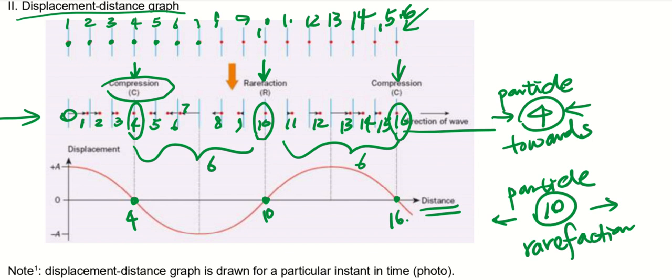Okay, so now I need you to look at particle 1, 2 and 3 because particle 4 doesn't move. Particle 1, 2 and 3, which particle actually moved the most? It's actually particle 1. So if I see particle 1's original distance and where particle 1 has shifted to, this is the amount that is being displaced.